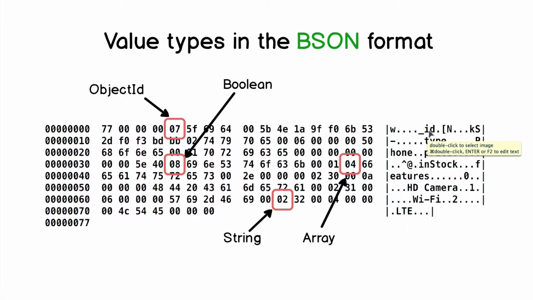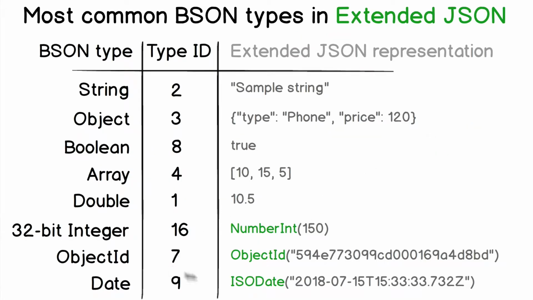And before _id, in those ASCII codes, there is a special character 07 that saves the data type of the _id value. And let's get back to the table. 07, here it is, the type ID of ObjectId.